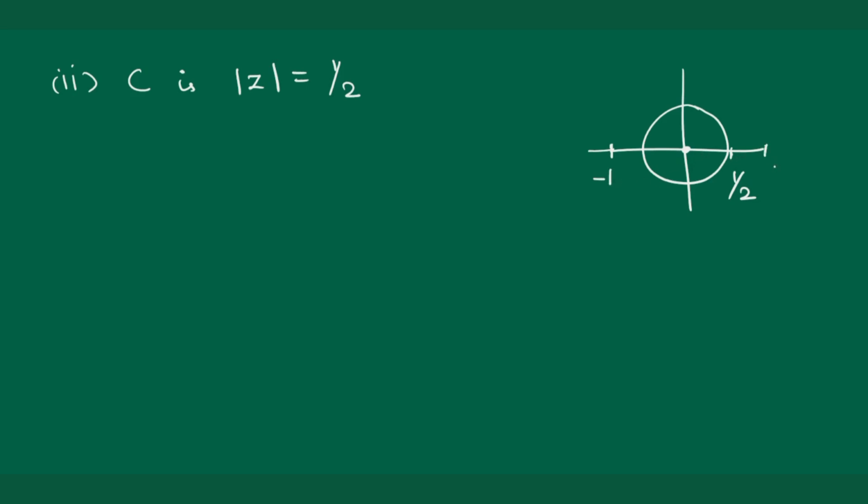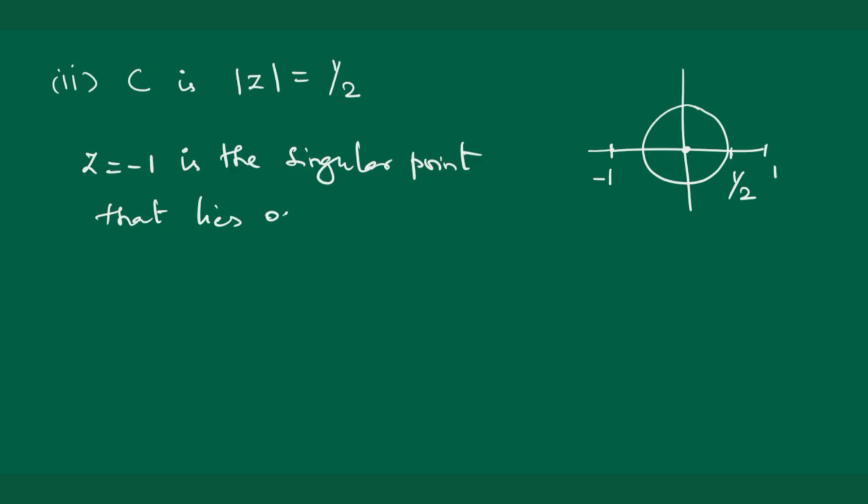So this side it will be plus 1, this will be minus 1. So minus 1 lies outside the circle. So here z equal to minus 1 is the singular point that lies outside the closed curve C.